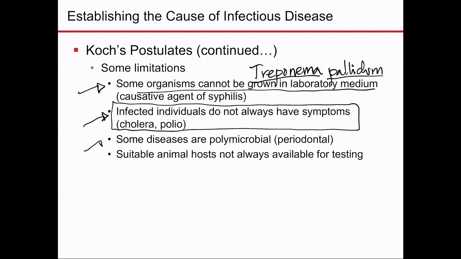Another problem that you have to keep in mind when you work with these postulates is some diseases are polymicrobial. They're not produced by one microorganism alone, but a group of different microorganisms. For example, like the bacteria that produces caries. It's not a single bacteria, but several of them working together.